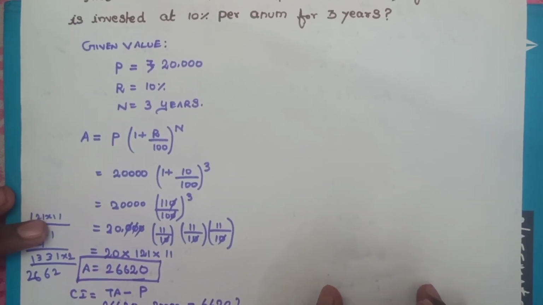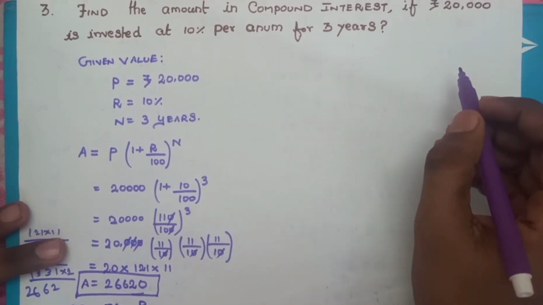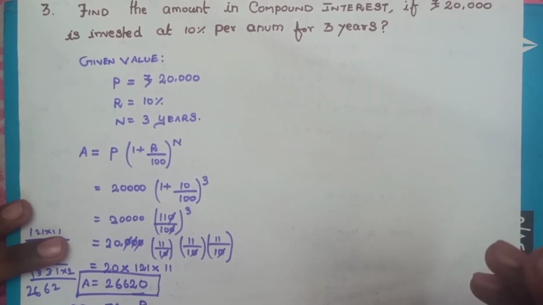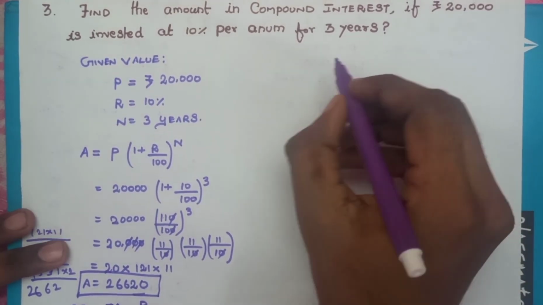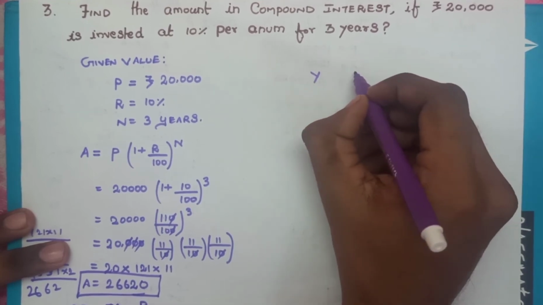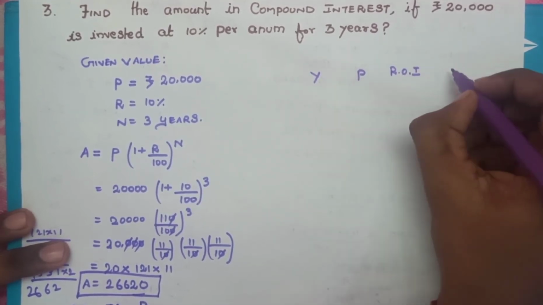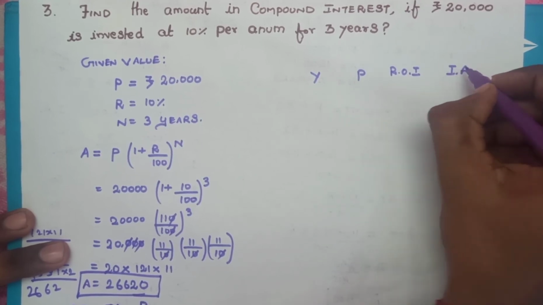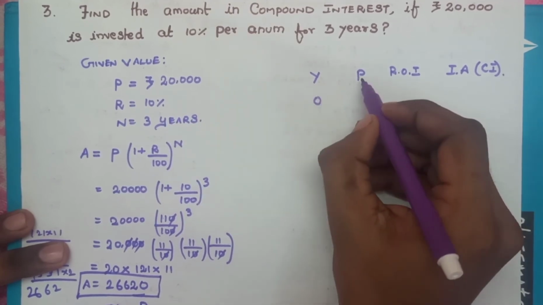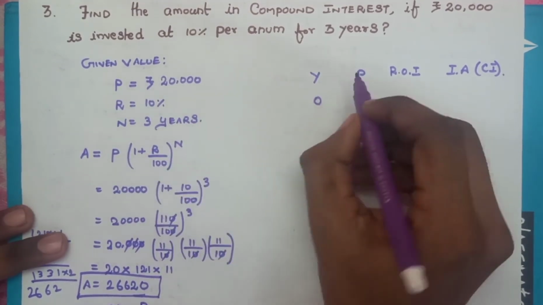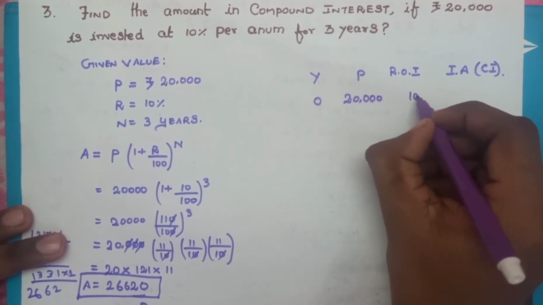But in the actual practical method, I have told you that in a compound interest scheme, you will get a different interest amount at the completion of every year, right? So let me write here principal, rate of interest and interest amount, that is compound interest here, right? At 0, what is your initial principal? 20,000, rate of interest is 10%.